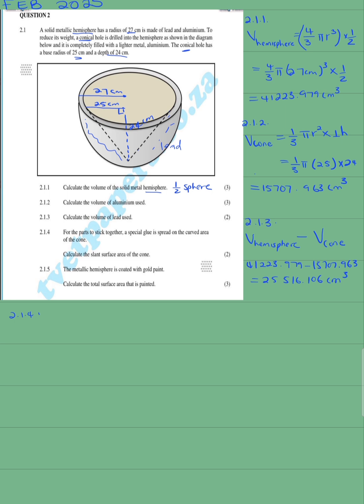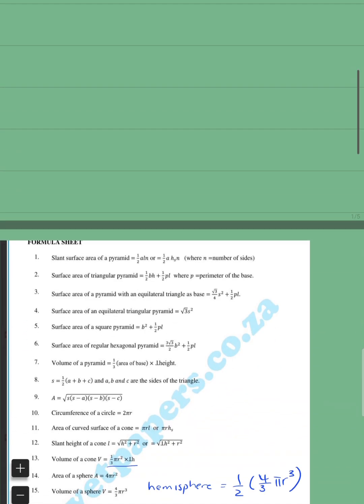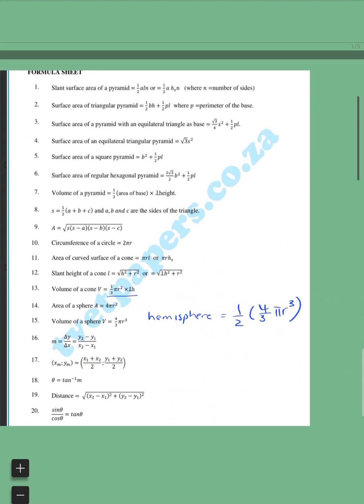Let's go and look at the formula for the slant surface area of the cone. It's pi r L or pi r slant height. So we first have to calculate the slant height.